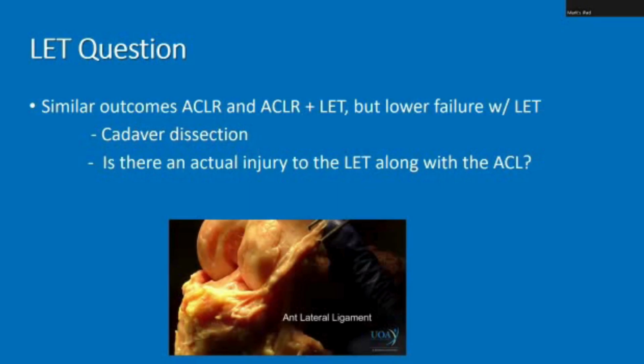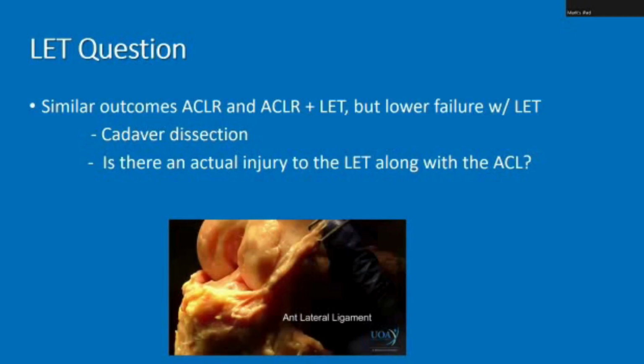Okay, so you're not going to have an injury to the LET, but the idea is that there is certainly a lateral capsular injury at the time of your pivot shift. And if we're thinking about ways to limit that rotational instability to protect your ACL or protect your graft, that's a good thing. So I do think there's a lateral capsular injury in most ACL injuries. I think that we're finding the right indication for when to add that to a well-done ACL surgery.